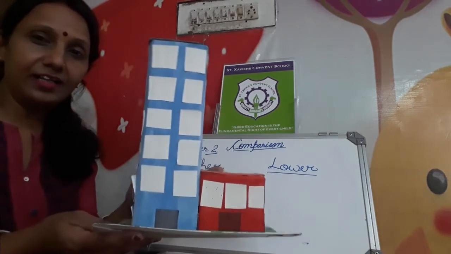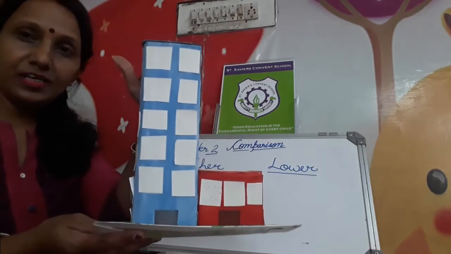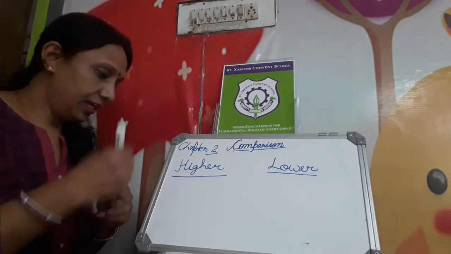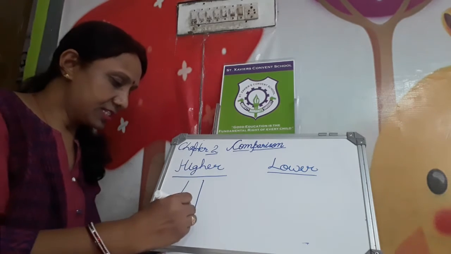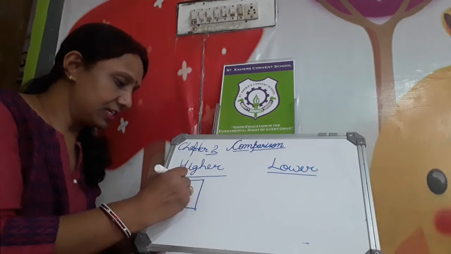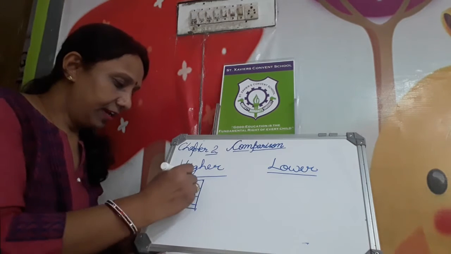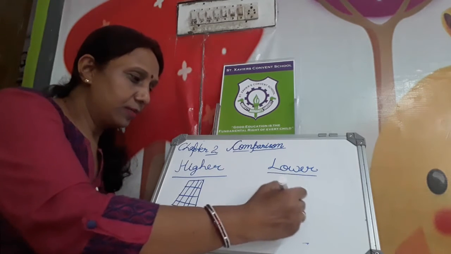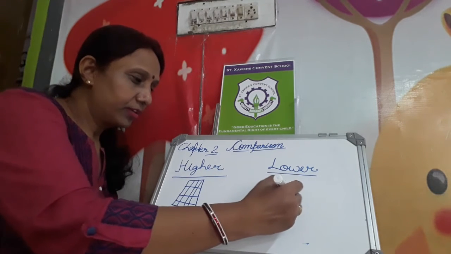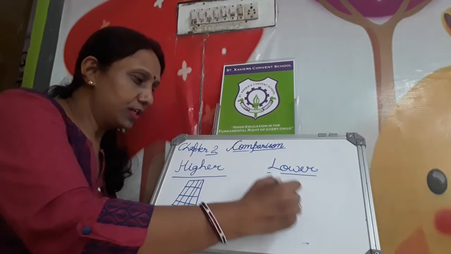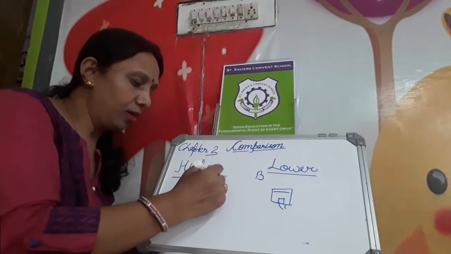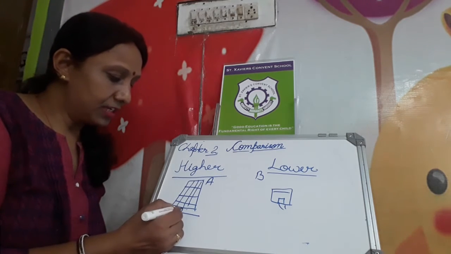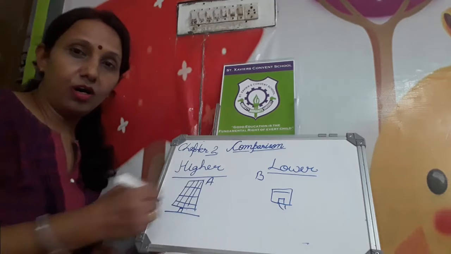This building higher, this building lower. Here, in the example of the buildings, building A has many heights, so this one is higher. Building B is low in size, so this one is lower. Building A is higher and building B is lower.